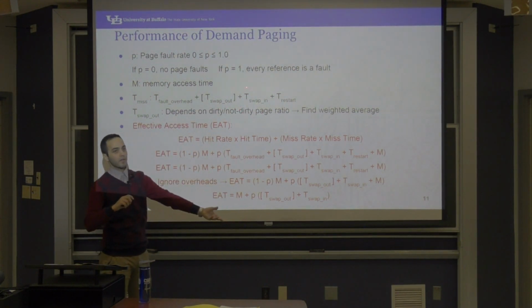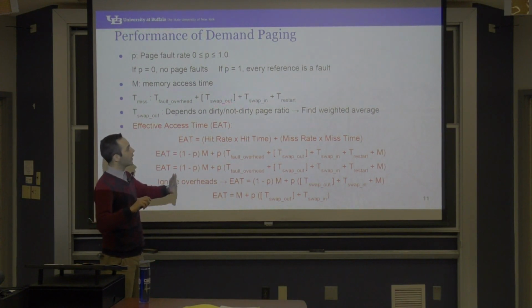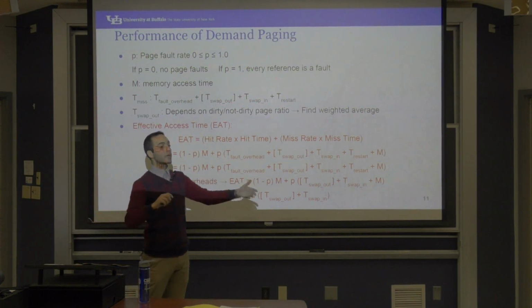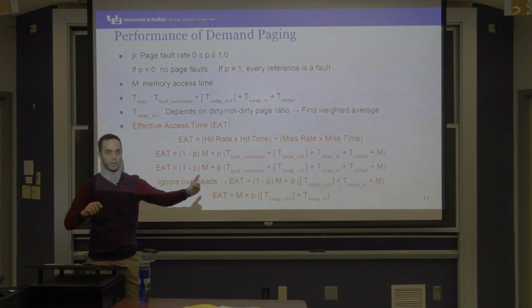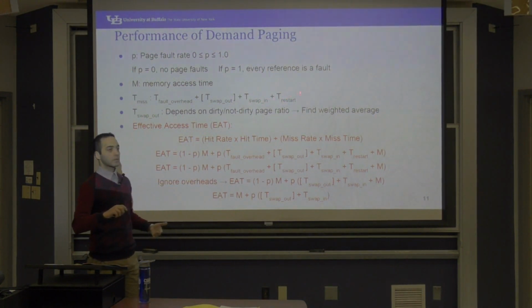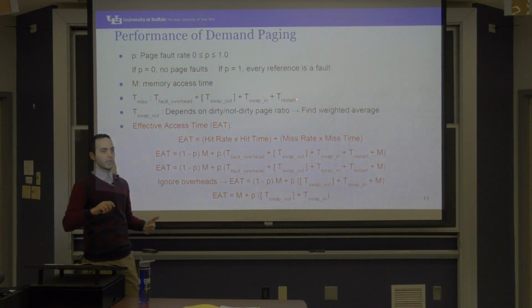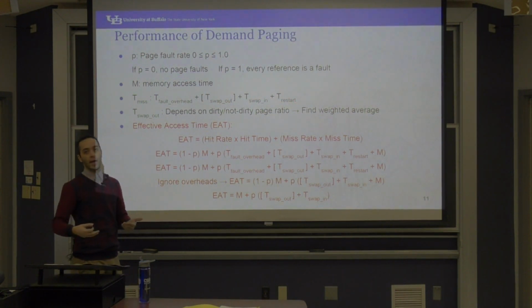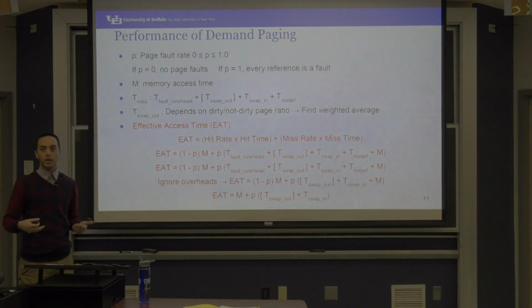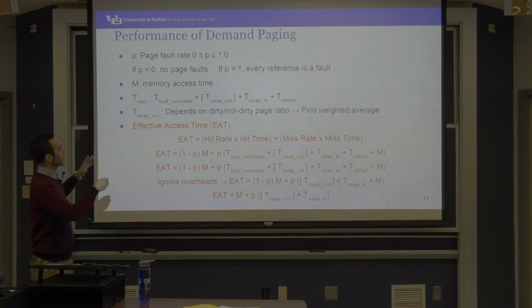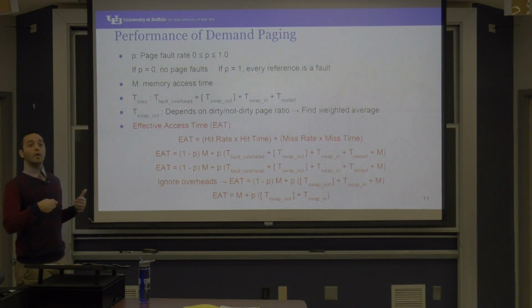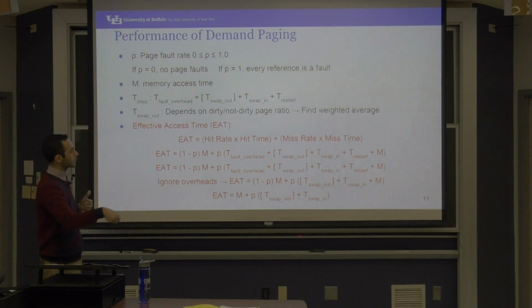We might not; we might have available frames. That we don't know yet. But then we definitely need to bring a page from storage to the physical memory. And we have an overhead of restarting and accessing the memory again. So this is the time of a miss, and this is extra. It doesn't happen all the time, only on page faults. That's how this is going to work. We're going to go over it one by one.